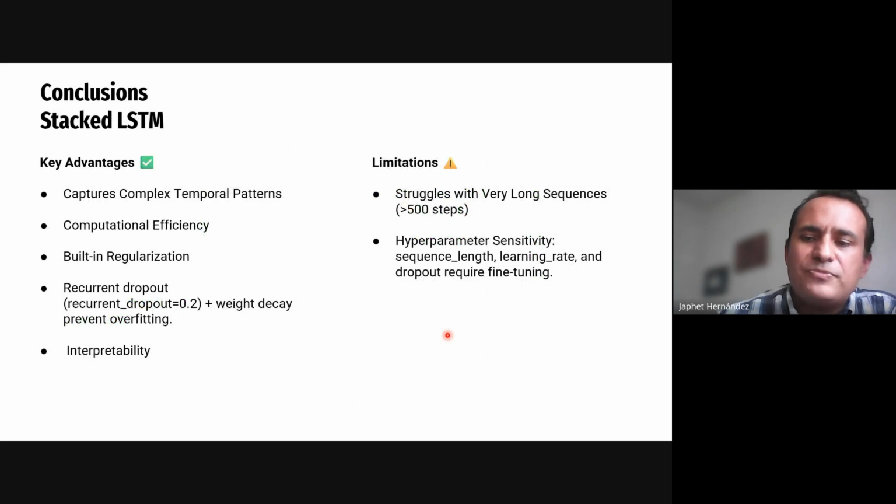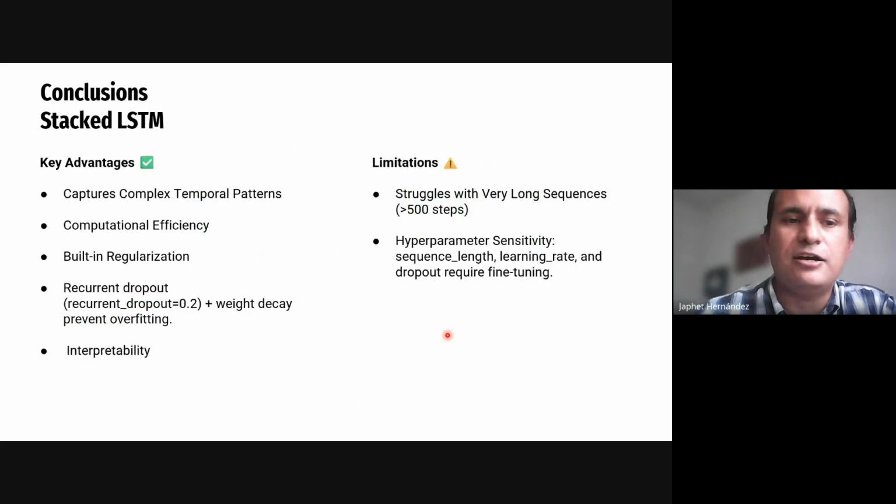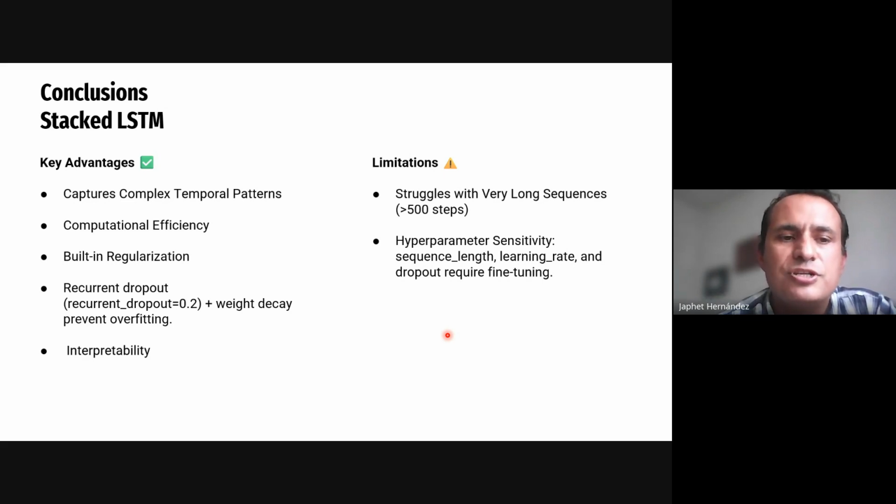Anyway, just to finish out the presentation, some very key conclusions on this. For the winner model, the stacked long short-term memory, the advantages are that it captures complex temporal patterns. So the shape and size was very well reflected.